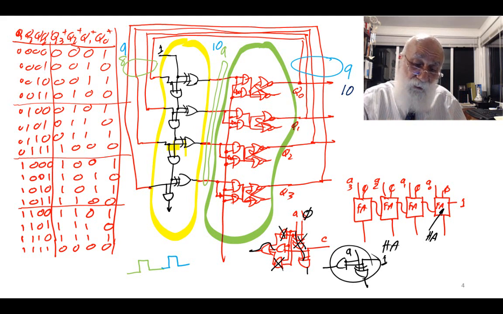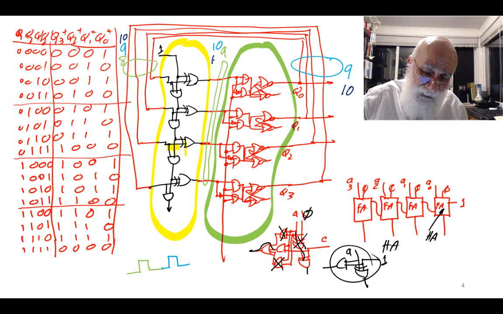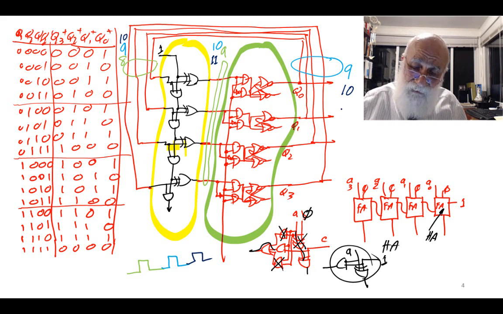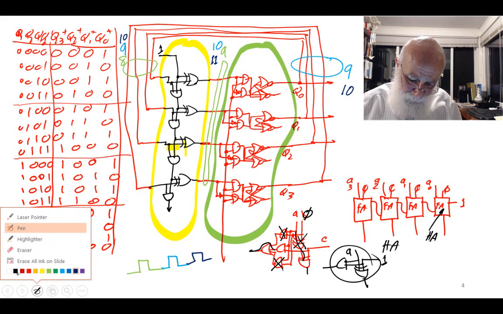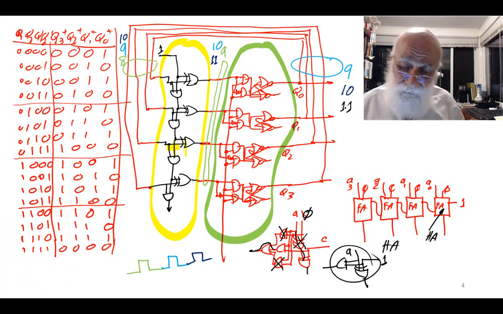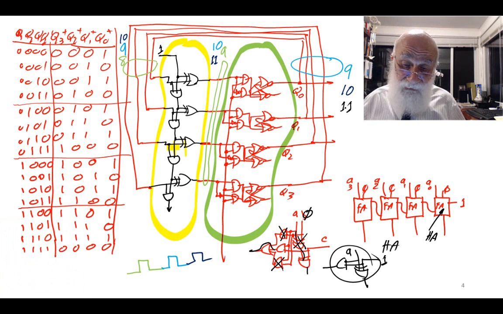The dark blue 10 now replaces the light blue 9, and then automatically, without me controlling it, it becomes 11 sitting here. And then 11, after the next clock pulse, goes into this and becomes, let's say, a black 11 sitting here. So it looks like it works as an incrementer.